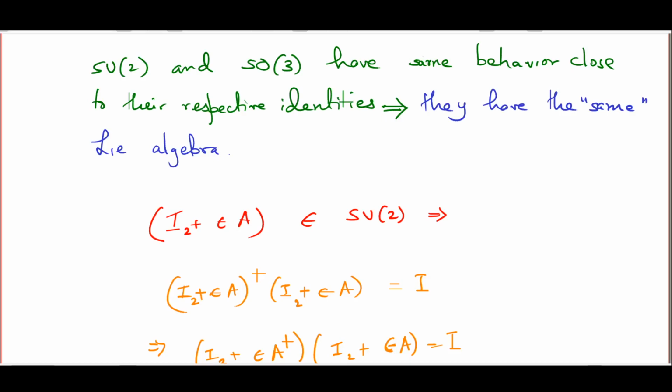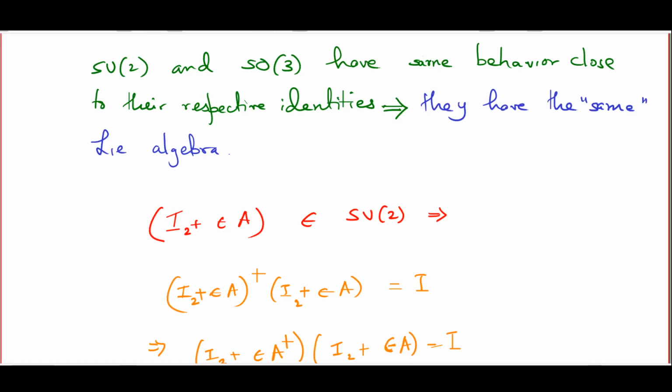For the time being, let me just briefly explain to you what the Lie algebra of SU2 would look like. If you are going to consider elements which are very close to the identity for SU2, you can write a typical element as the 2x2 identity matrix plus a small correction term.